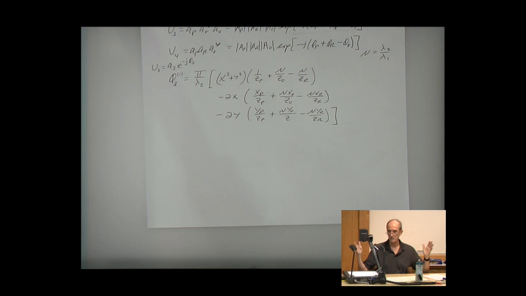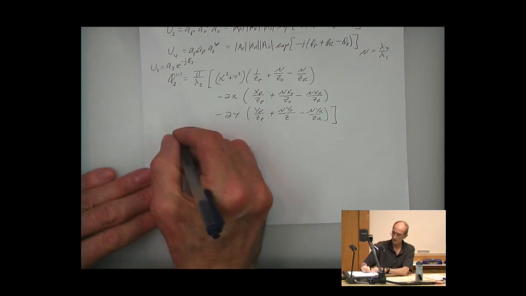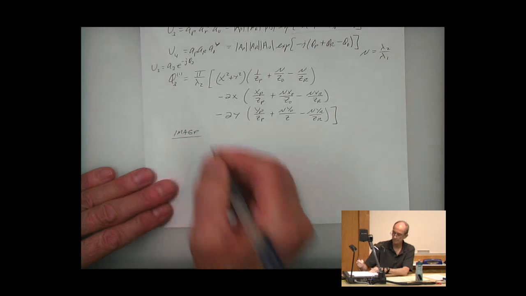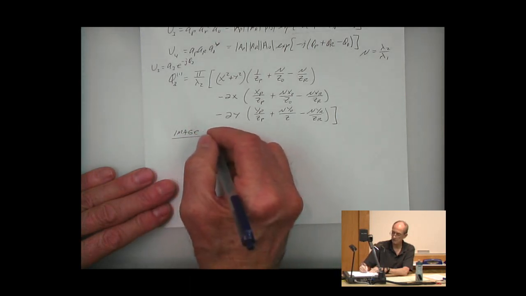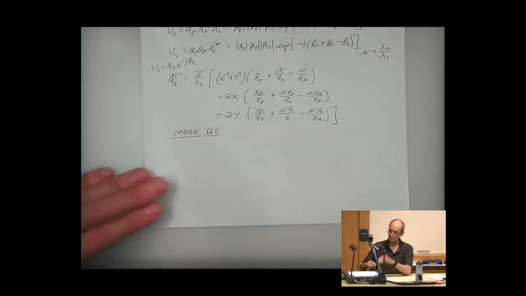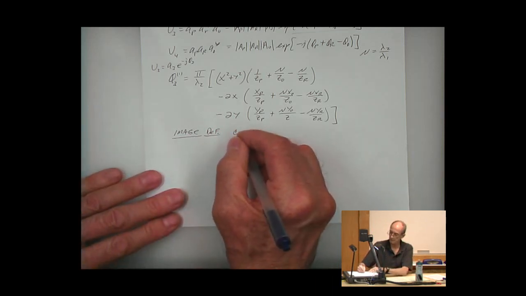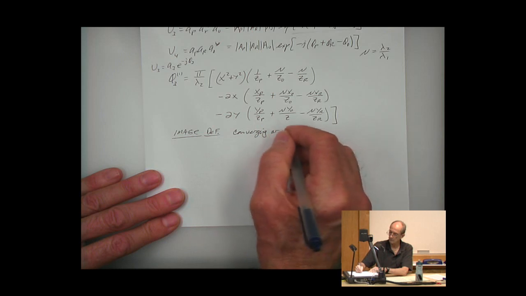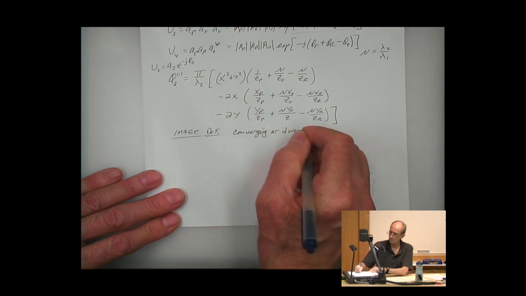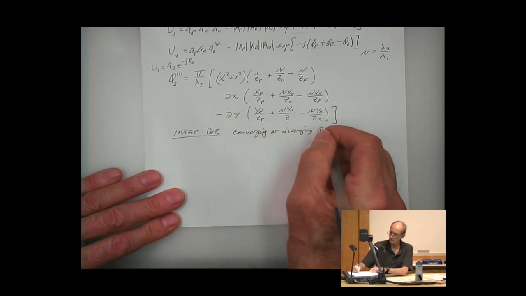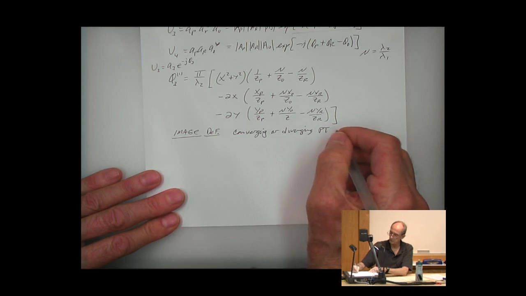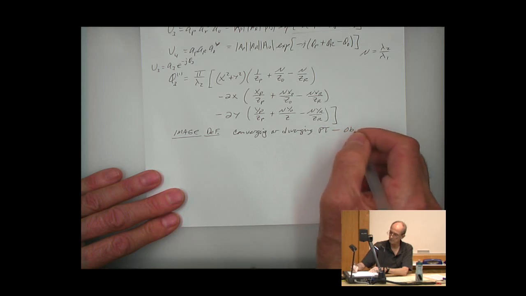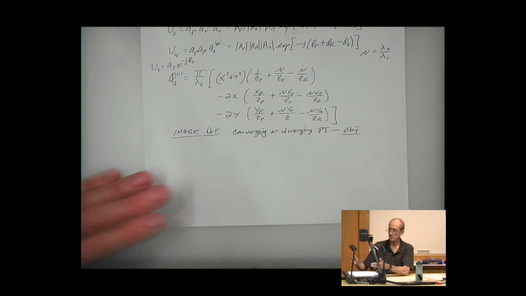That's the image definition, right? So we either have a converging or diverging point corresponding to an object point. That's what we mean by an image.